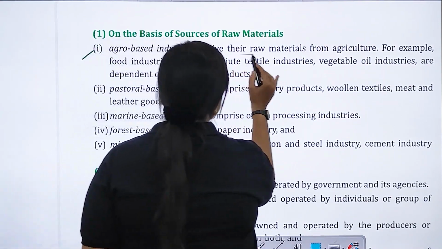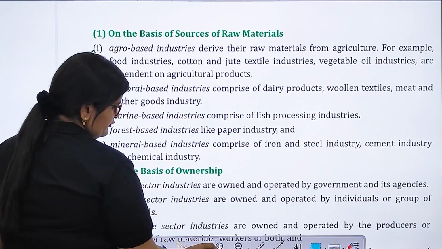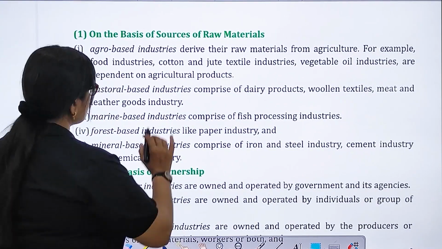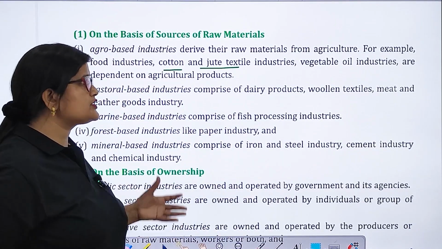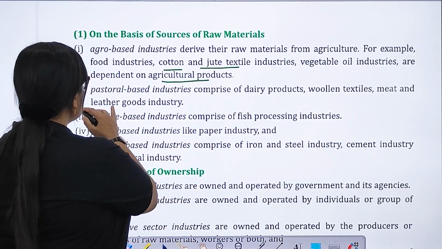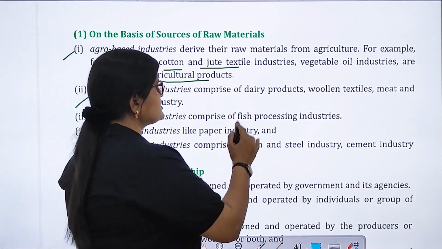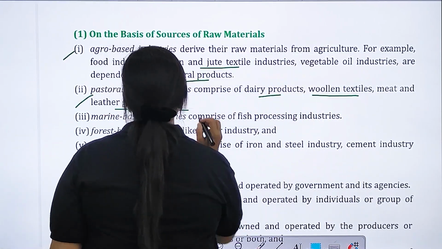Number 1, agro-based industries derive their raw materials from agriculture. For example, food industries, cotton and jute textile industries, vegetable oil industries are dependent on agriculture products. Okay. Number 2, pastoral based industries comprise dairy products, woolen textile, meat and leather goods industries.